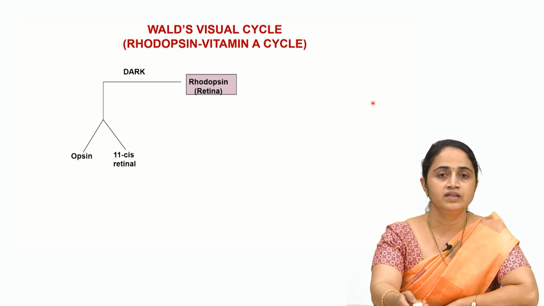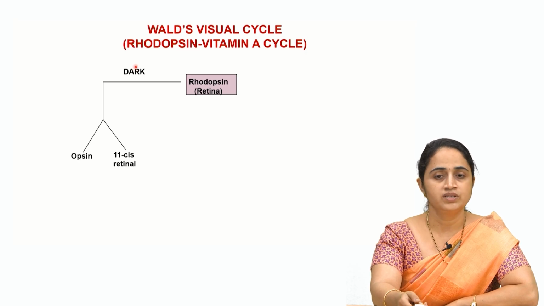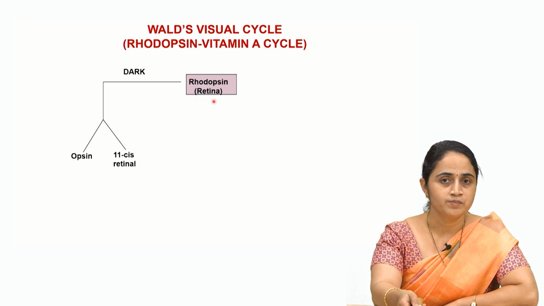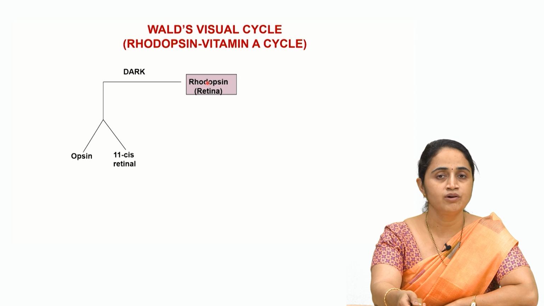Once the opsin plus 11-cis retinal forms the rhodopsin, this rhodopsin is responsible for the dark light vision or the night vision. The rhodopsin gets depleted, it is used by the body. So, this rhodopsin needs to be regenerated. How that regeneration happens, we will see now.